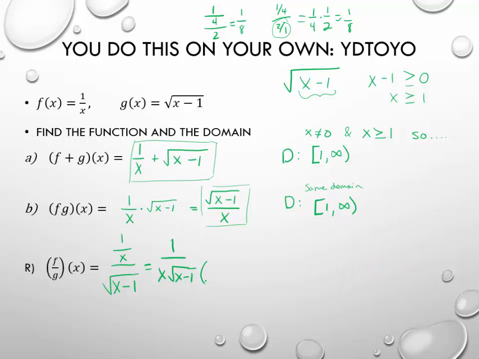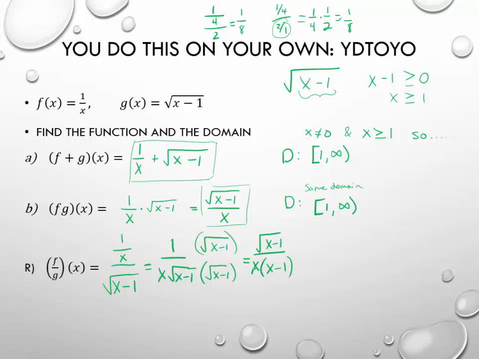So, we're going to multiply the bottom by the square root of x minus 1 and the top by the square root of x minus 1. What does that do? That creates the square root of x minus 1 times the square root of x minus 1. That's the square root of x minus 1 squared, so it goes away. We then get the square root of x minus 1 over x in parentheses x minus 1.